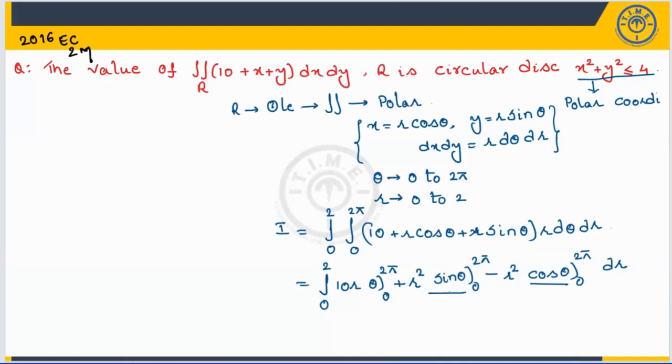So these two terms become 0 and we are left with only one. That is 10 times 2 pi times the integral of r square by 2 from 0 to 2. So the 2 and 2 get cancelled, and it equals 40 pi. Right. So in this, what we have seen is the conversion of Cartesian to polar.